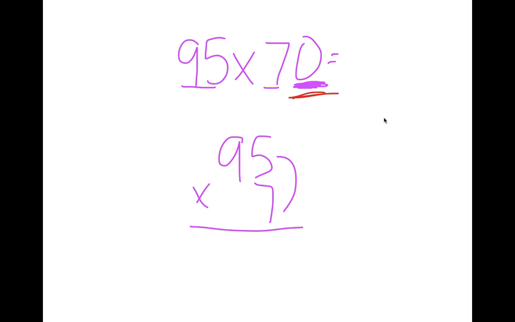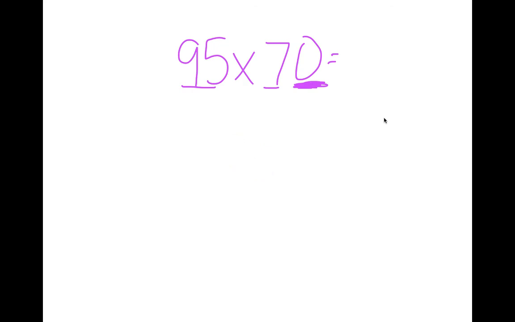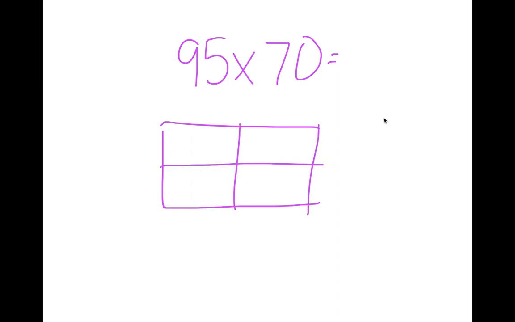So if you want to pause, solve it with box method and see what you get, if you get that same answer. Okay, we're back. Box method, check your work. Break up 95, 70.